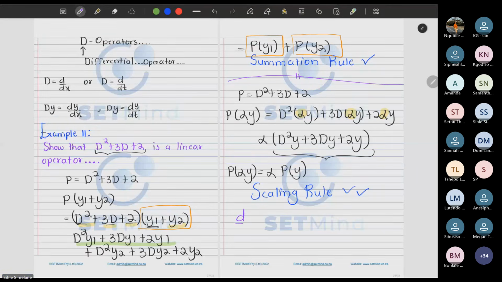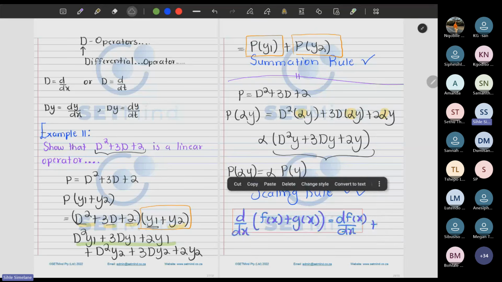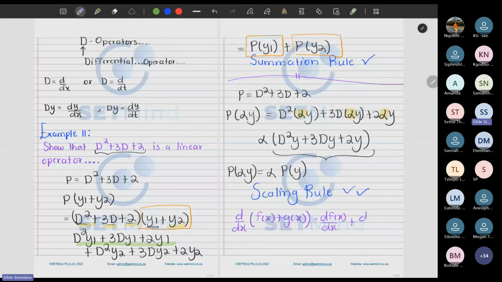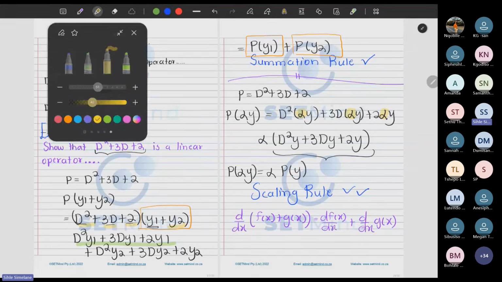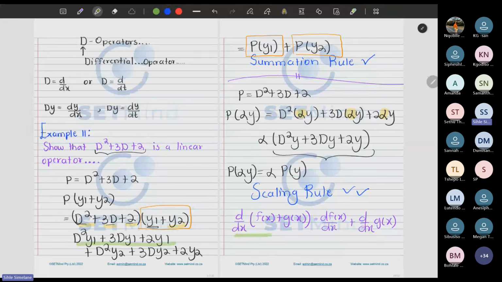I said the differential operator is linear because if I have f of x plus g of x here, you were taught that this is the same as if you derive f of x, and then you derive g of x and you sum them, you will get the same answer. Do you remember that? So the question is, if I start off with a sum like this, would it be equivalent to that? If the answer is yes, then it means the summation rule has been met.